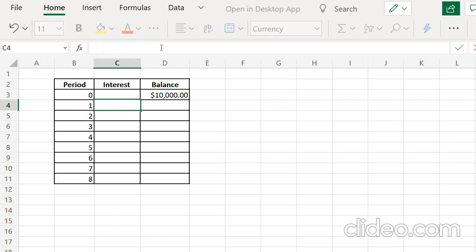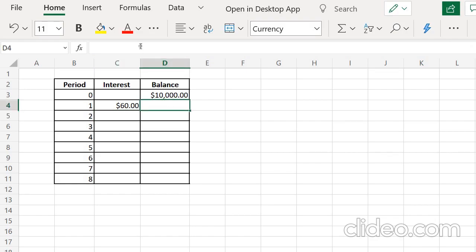Well, in Excel, you always start a formula with an equal sign. And then we're going to take the balance, 10,000 that's been in there, and multiply it by that 0.006 and enter. So $60 of interest in that first quarter. And then our new balance is going to be the old balance, 10,000, plus that interest.